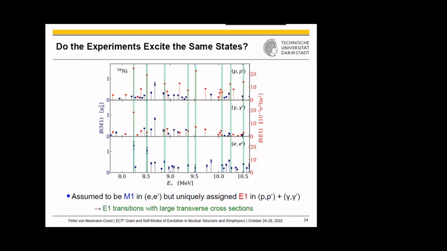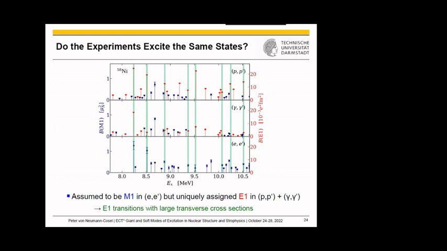It is similar to the isoscalar response, which is present also in N equals Z nuclei. The pygmy, what we call pygmy, is present only when you have a neutron excess.